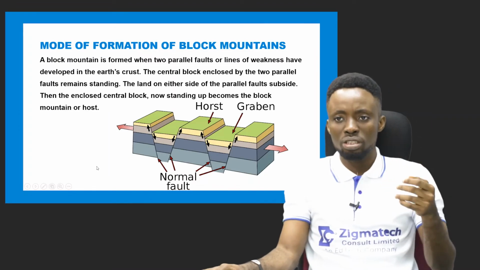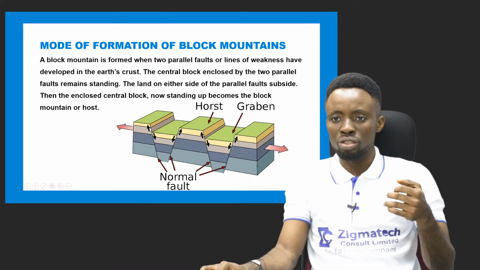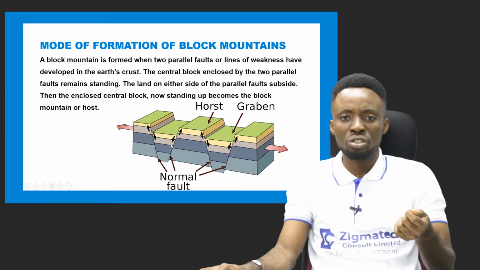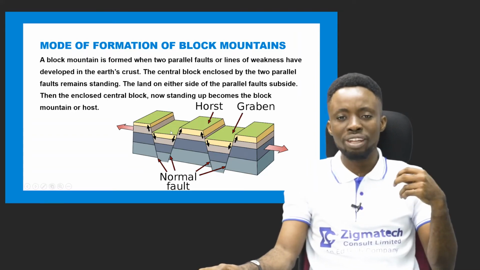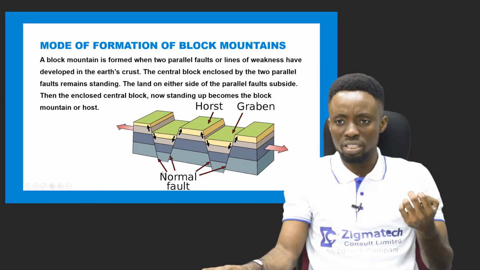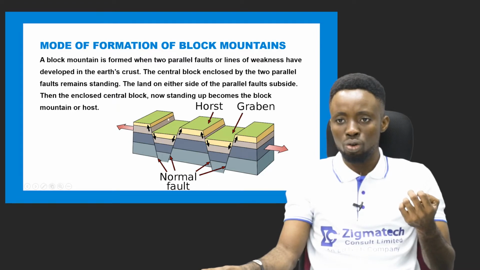Now, assuming this is a plain surface initially, and then we have a series of faults, or lines of weakness, that develop within the Earth's crust. As you can see here, these are faults or weaknesses here and here.